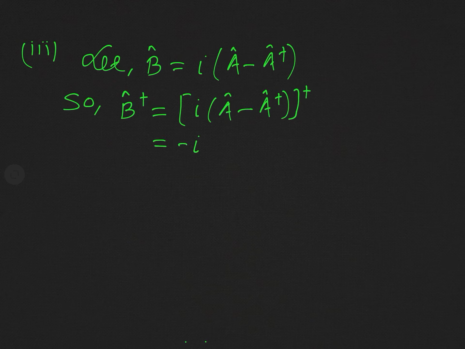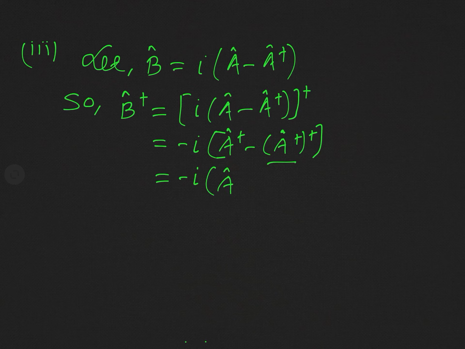And following the rules, this will be minus i times A hat dagger minus A hat dagger dagger. And this is minus i times A hat dagger minus A hat.